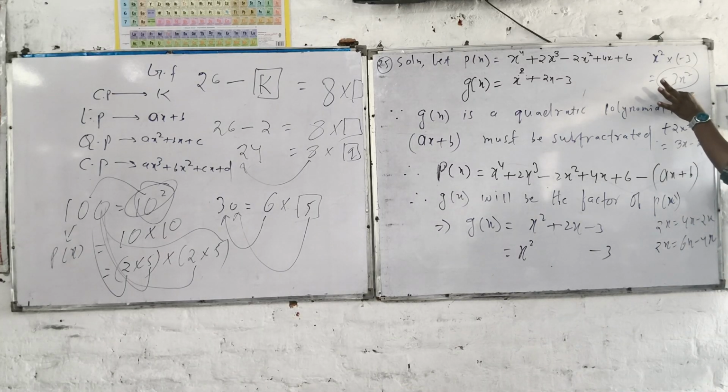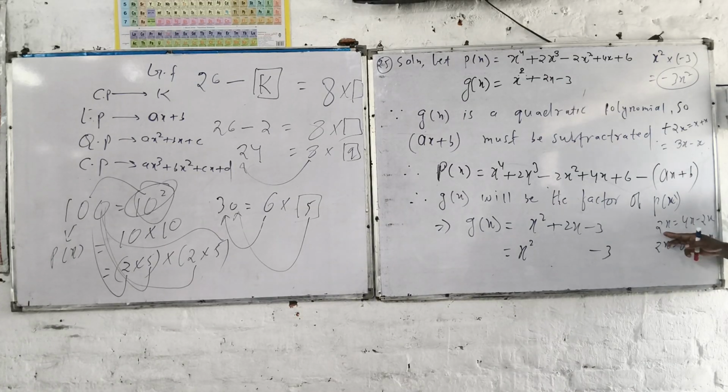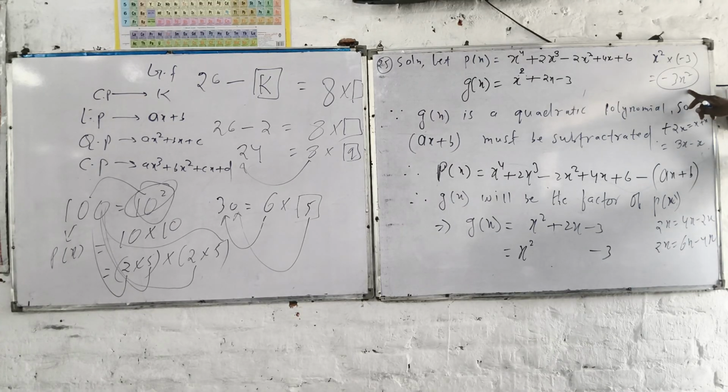Look at the board here. So minus 3x squared, what is this? Now just pick the terms. You will say, okay sir, a plus and a minus satisfy 2x. Okay, check the product. 4x multiplied by minus 2x, do you have the minus 3x squared here?